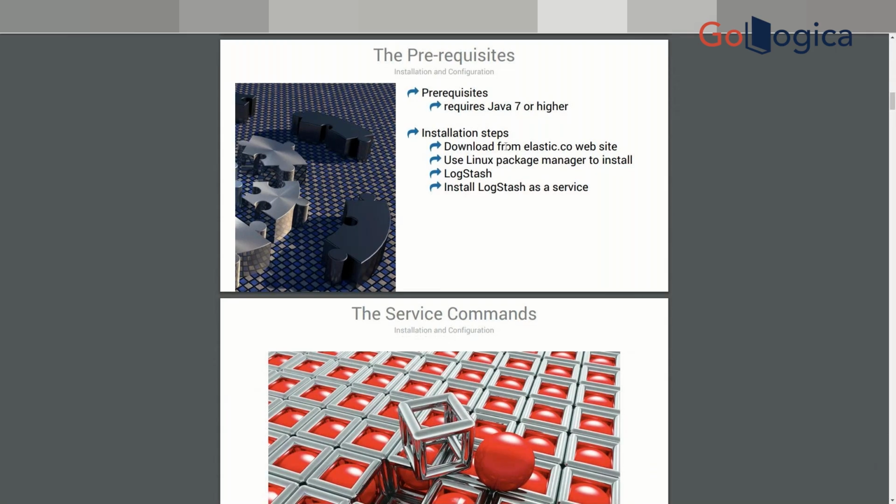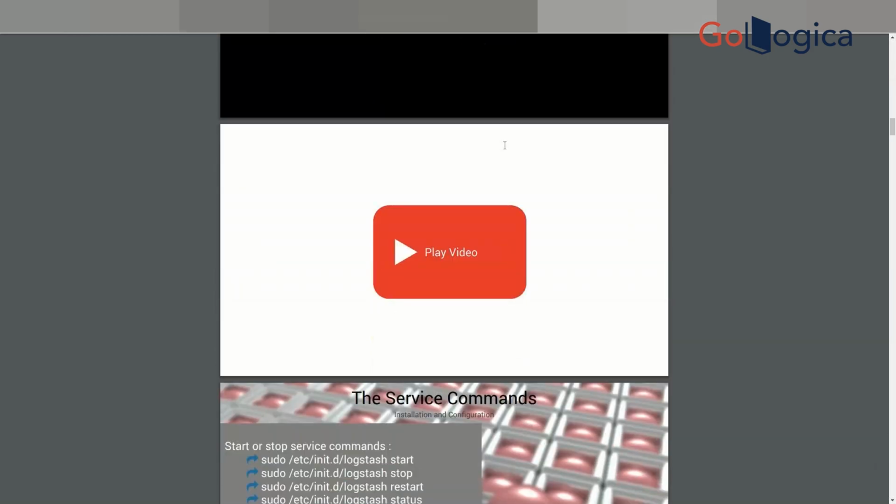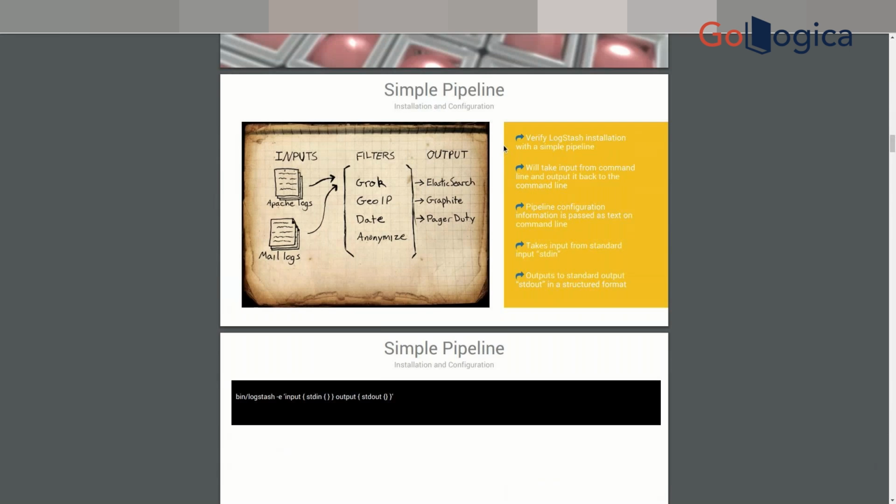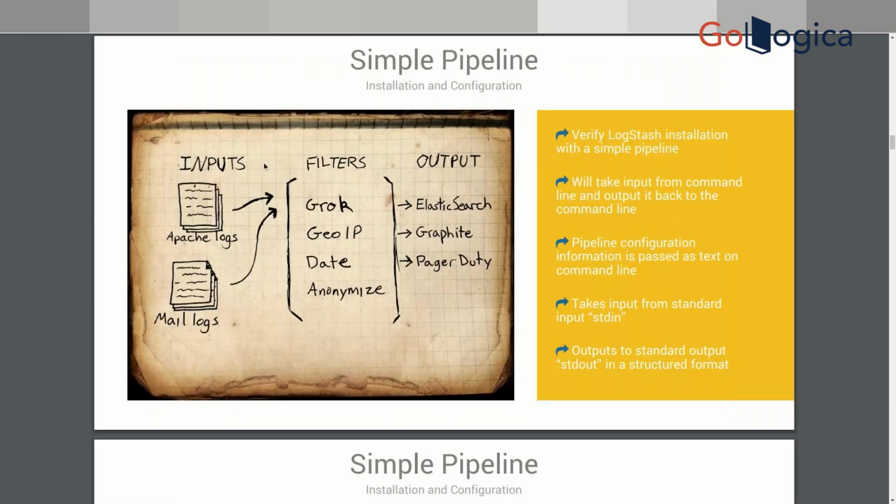Let us see the different kinds of systems we have. Broadly, Logstash is divided into three components: input, filter, and output. What I'm trying to say is the extraction, transformation, and loading phases. Clear, right? Yeah.